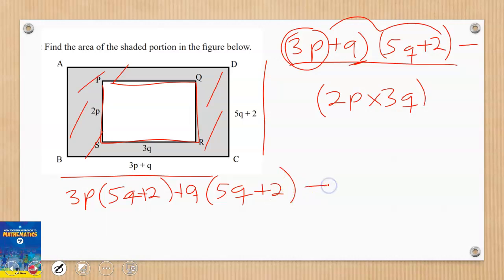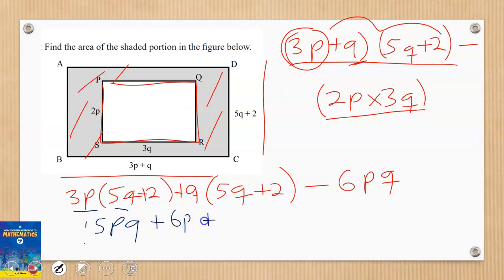Then minus everything here, which is 6pq. So we do the expansion: 3 times 5 will give us 15pq, plus 6p. Then plus q times this will give us 5q squared plus 2q, minus our 6pq. So then we get this.